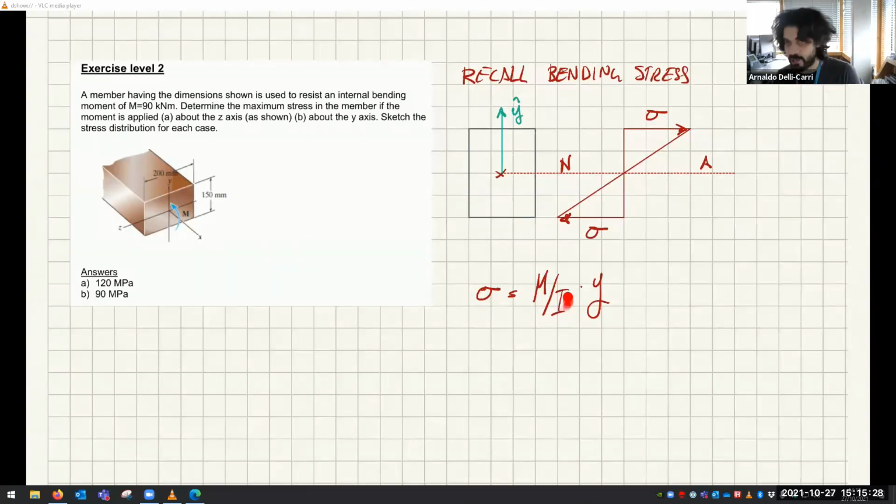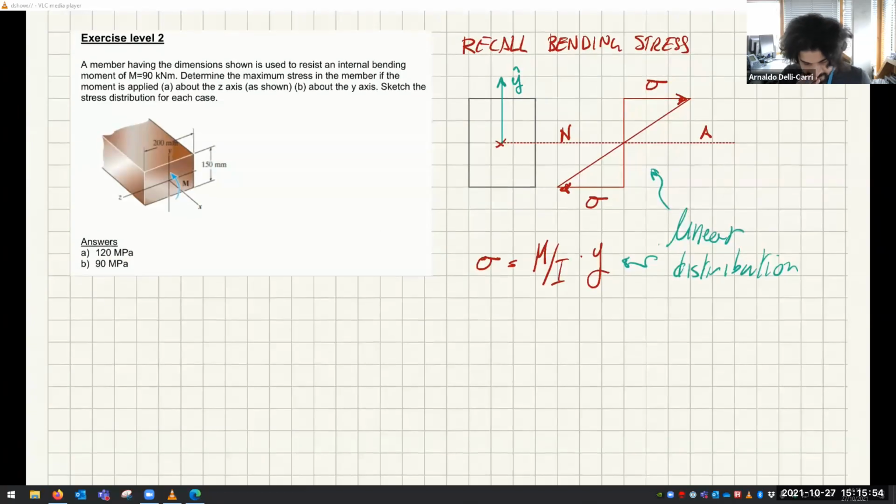And we also need the second moment of area, very important. M is the internal load. All right. Let's say that this is a linear distribution, linear. Okay, so what we have here is this section.